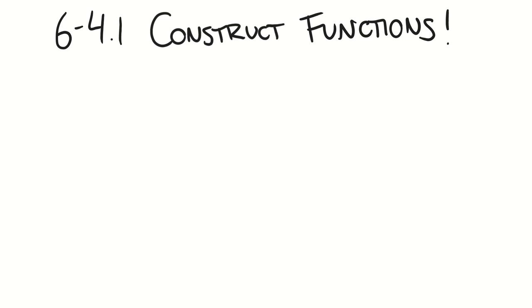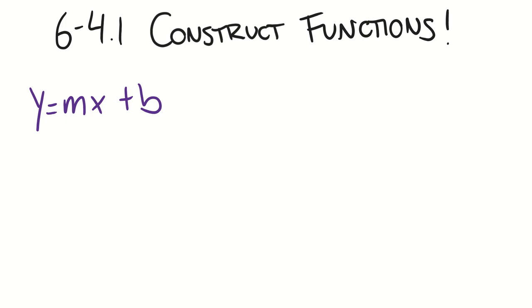All right, today we are going to continue to talk about functions. We're going to continue to talk about slope-intercept, y equals mx plus b. And we're going to talk about a different way that we can create an equation if we're given a point and a slope.